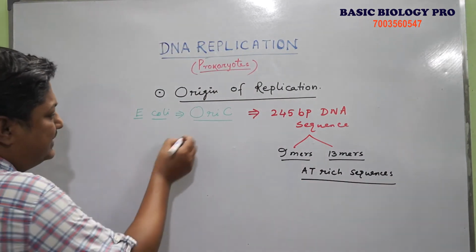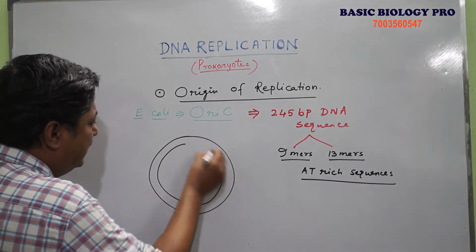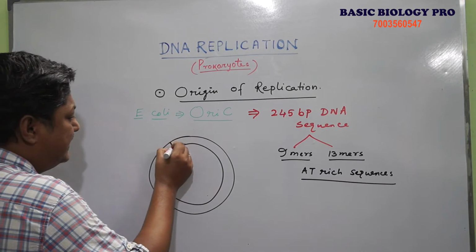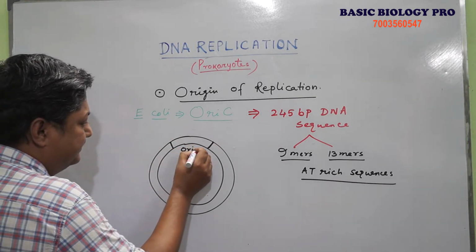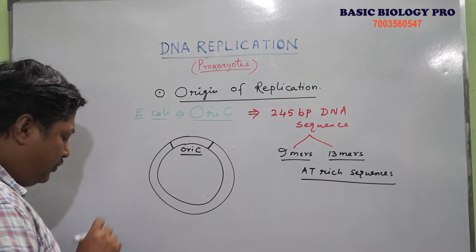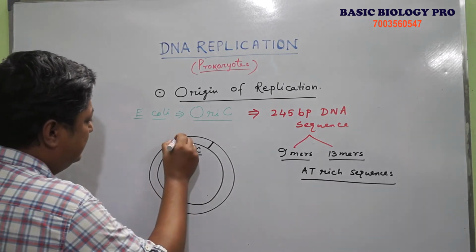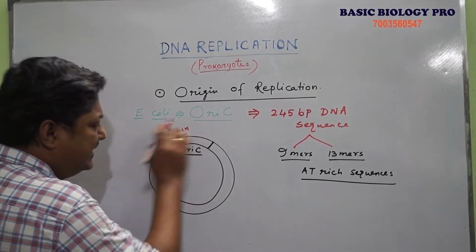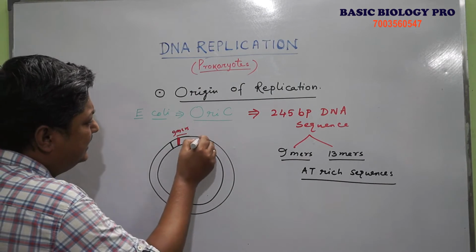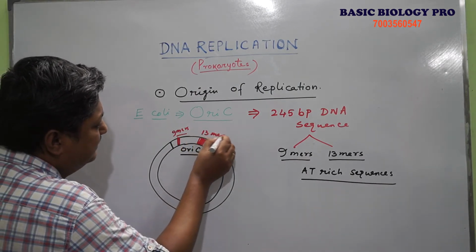Say for example, in case of bacteria, the circular DNA is present, and within this circular DNA, this region is known as the origin. Within this origin, there are two sequences. One is known as 9-mers, that means 9 AT-rich sequences, and the 13-mers, that is 13 AT-rich sequences.